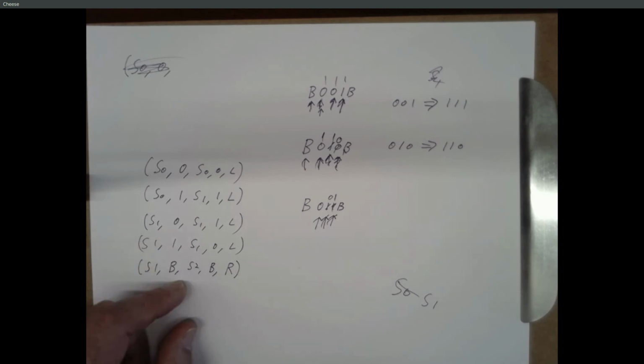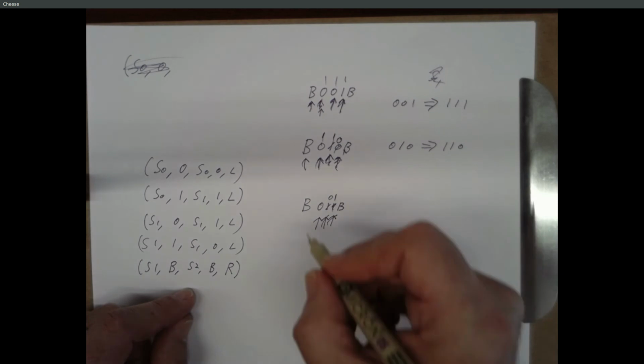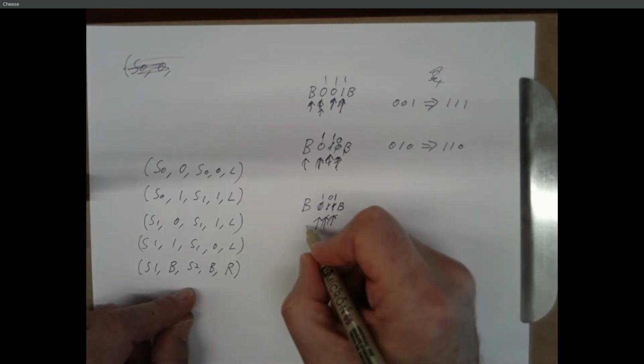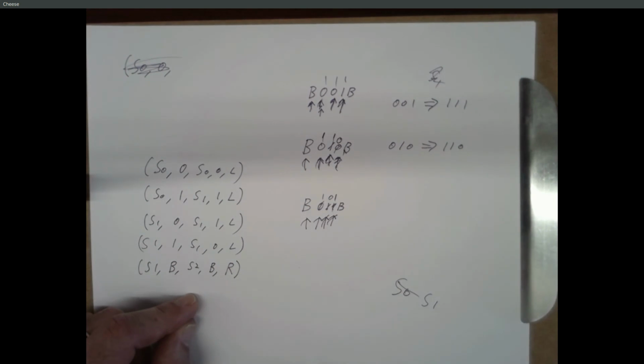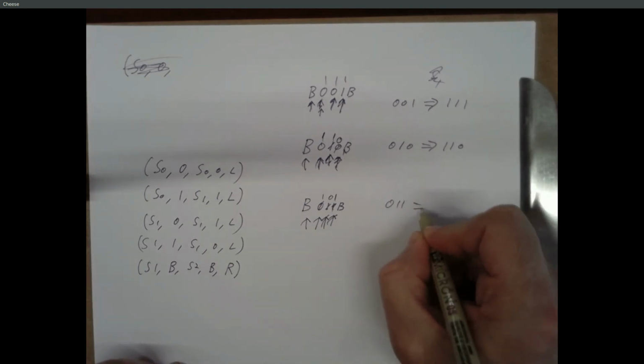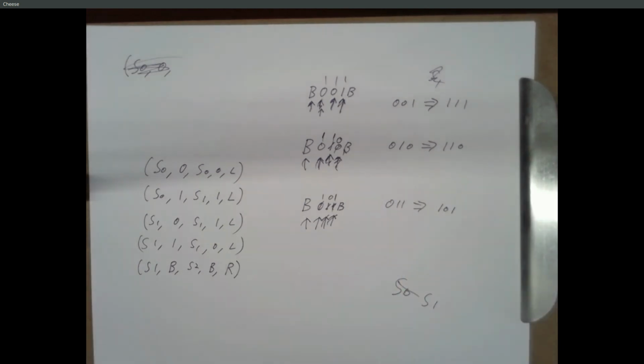Yeah, and then you're going to stay next state S1, write 1, and go left again. Now you're in blank. All right. And that'll take us to S2 and we'll halt. So 011 got changed into 101.